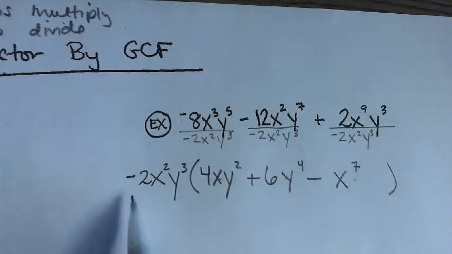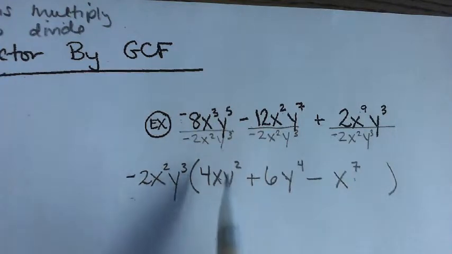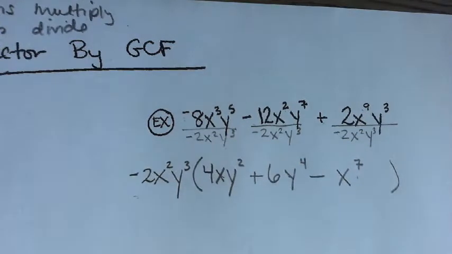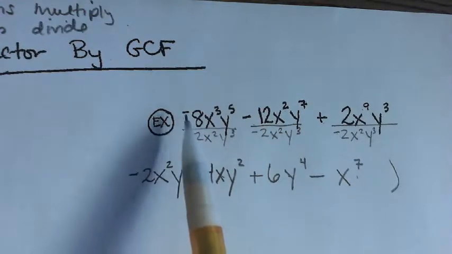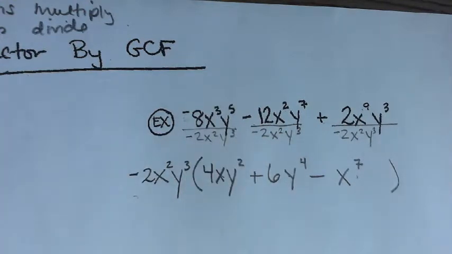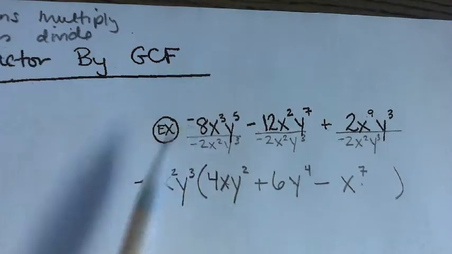So, that's the general rule that I was just talking about. 90% of the time, if it leads with a negative, and there's a reason that we'll get into when we do more advanced factoring that we have to do this. If it leads with a negative, you got to factor it out.